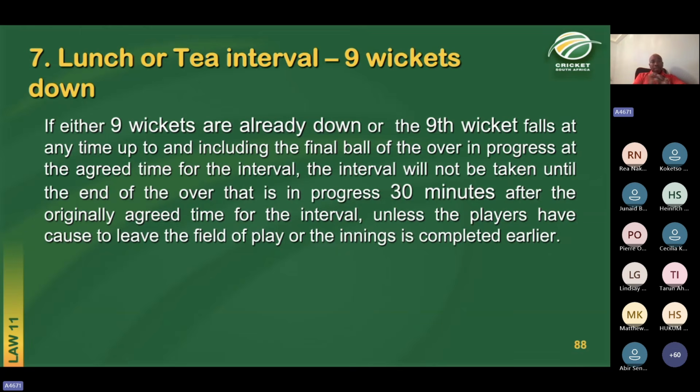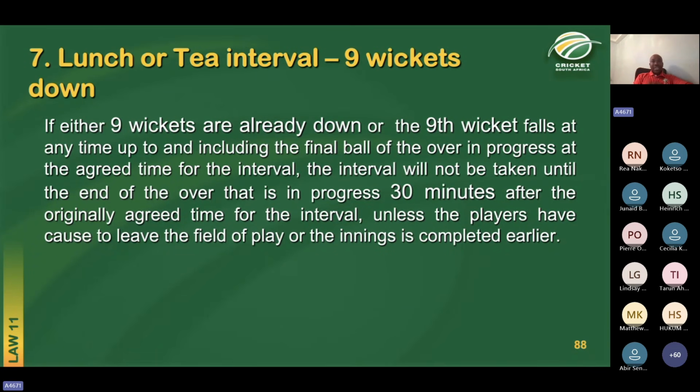So if, for example, the 10th wicket falls at 1 minute past 12, then great, we will take lunch 1 minute later. If the 10th wicket falls at 12:15, then also fine, we will take lunch 15 minutes later than scheduled. If the 10th wicket has not fallen by 12:30, then the fielding side has maximized its opportunity to take the 10th wicket in that session.